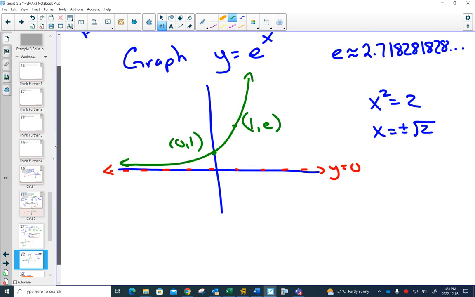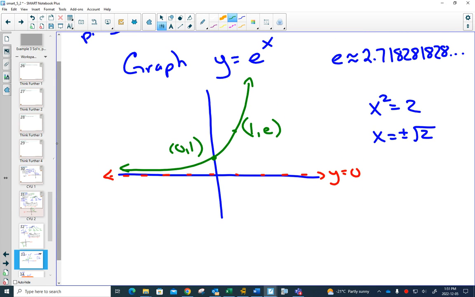And if you know the graph of y equals e to the x, we can now do our transformations and graph things like this. y equals 3e to the x minus 2 plus 1.